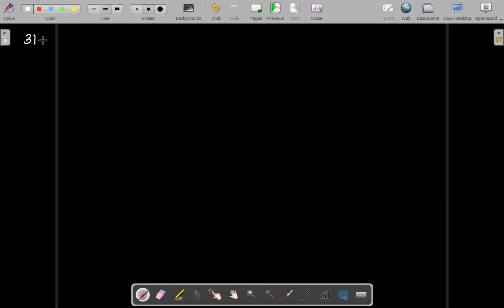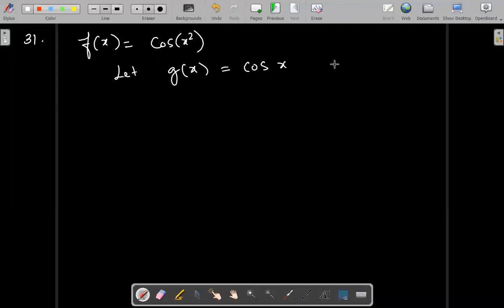Show that the function defined by f of x equal to cos x square is a continuous function. So now we'll say let g of x equal to cos x, h of x equal to x square. This is an important thing because we are looking at the composite.